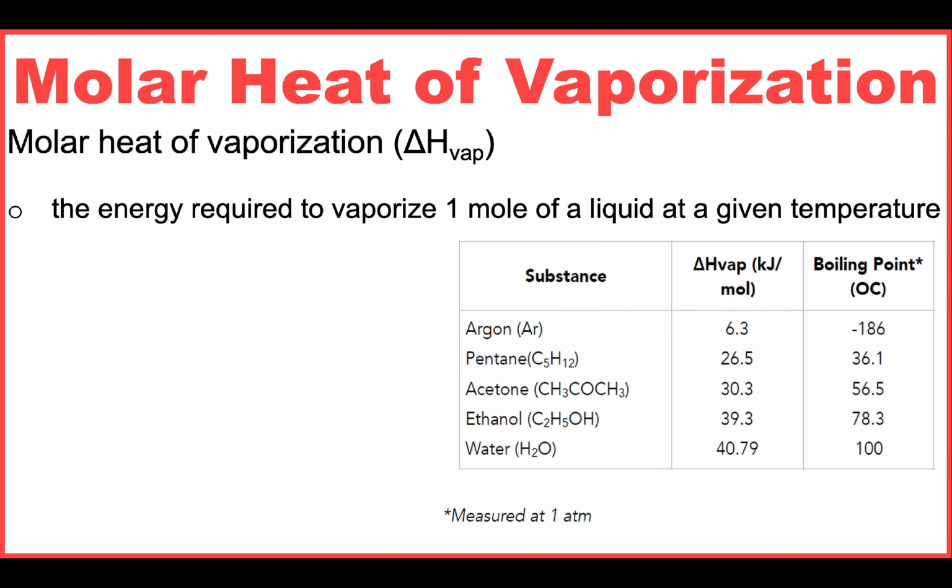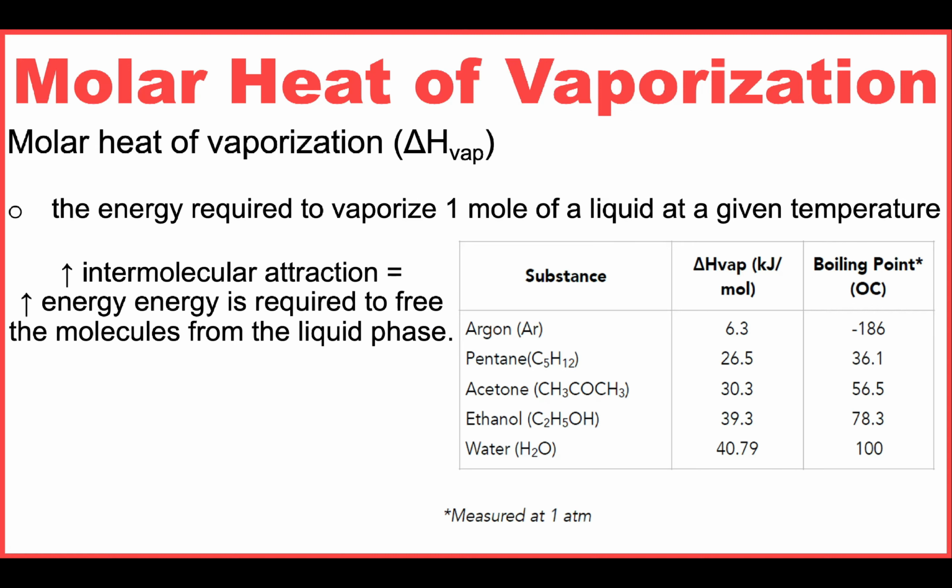This table shows the molar heats of vaporization and boiling points of selected substances. Remember, the heat of vaporization may be considered a measure of the strength of intermolecular forces present in the liquid. Now if the IMF is strong, it takes a lot of energy to free the molecules from the liquid phase, and therefore the heat of vaporization will be high.